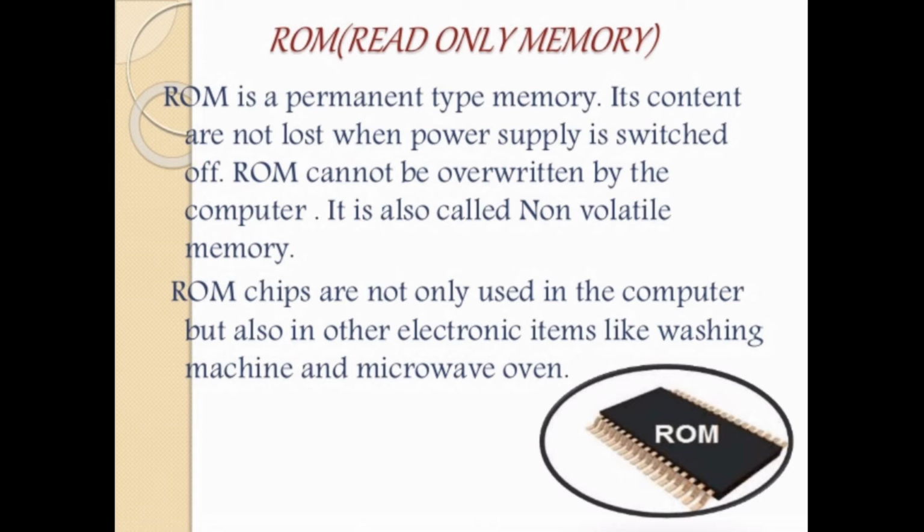The data and instructions stored on the ROM remain there even after the computer is shut down. This kind of memory is also known as non-volatile memory. The instructions stored on ROM can only be read and cannot be changed. Therefore, it is also known as read-only memory.